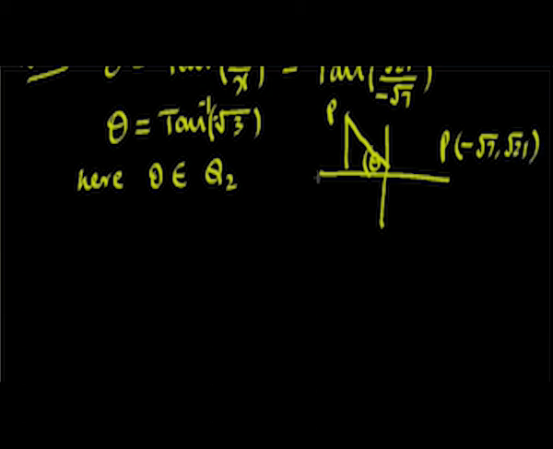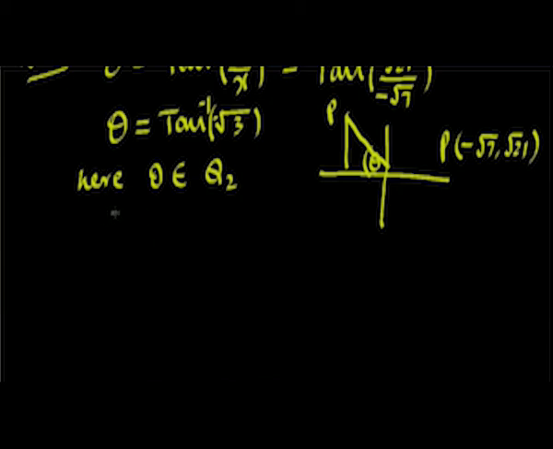So the point belongs to the second quadrant. The angle should be in between 90 and 180 degrees. So we have to find theta such that its value is in the second quadrant.